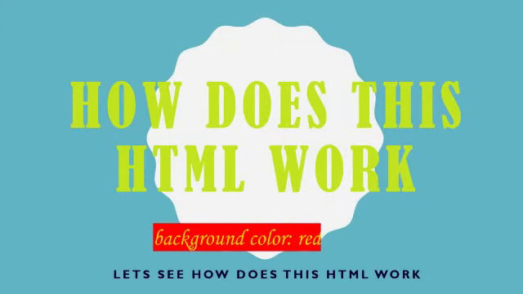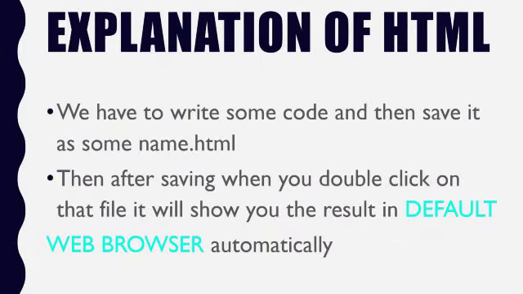Now let's go ahead and learn about how this HTML works. Now coming on to the explanation of HTML, we have to write some code in the text editor and save it as some name, whatever file name you want to keep, and .html. .html is an extension for HTML files.